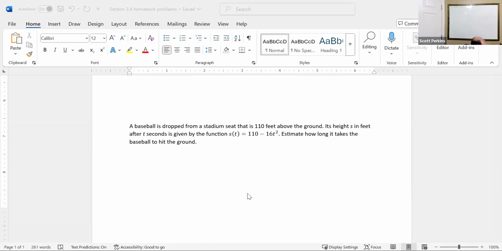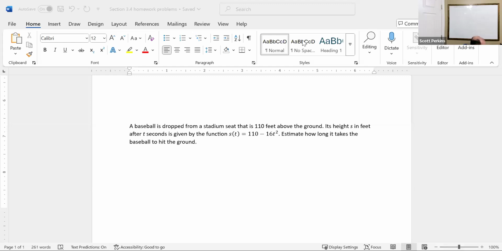Its height S, so S represents the height. I don't know why they didn't use H, but they used S. It's okay. The height in feet after t seconds is given by the function S of t, 110 minus 16t squared, a basic physics equation. Estimate how long it takes the baseball to hit the ground.